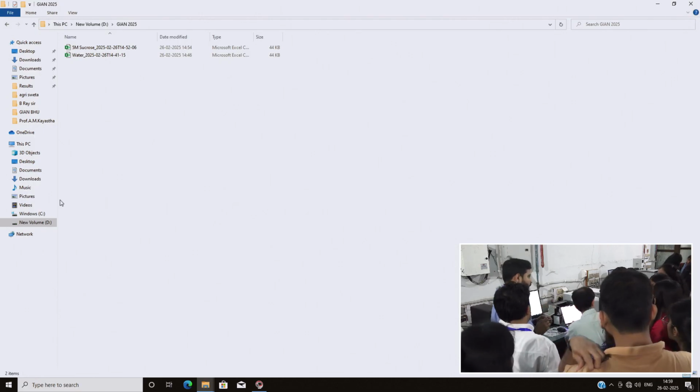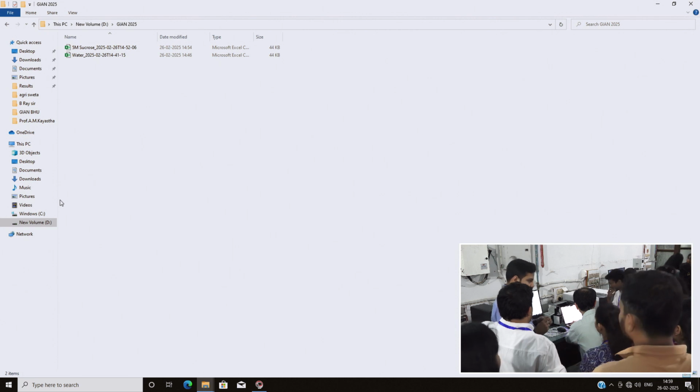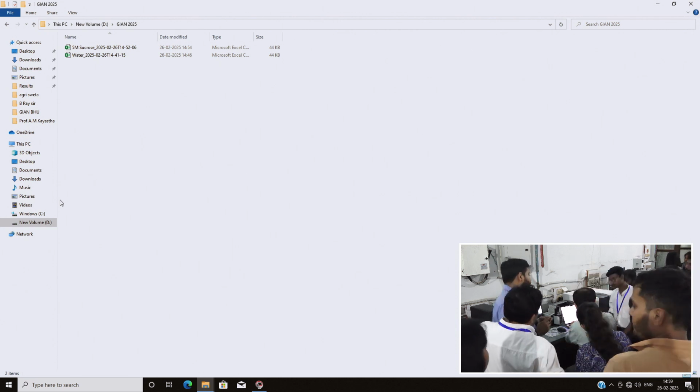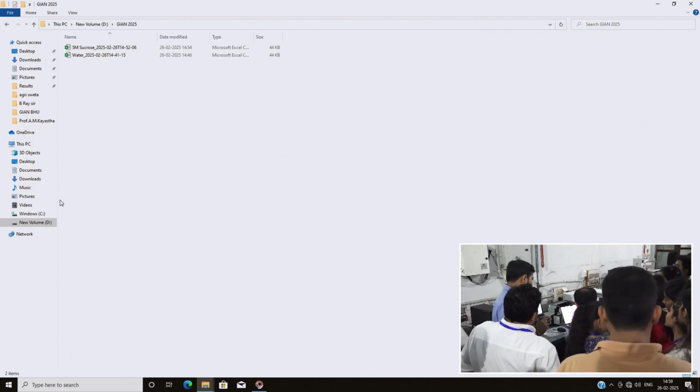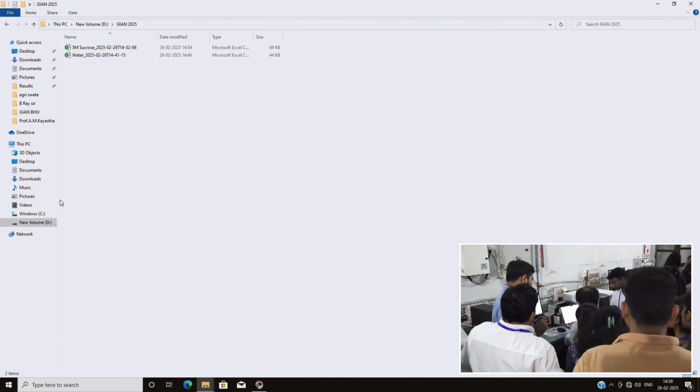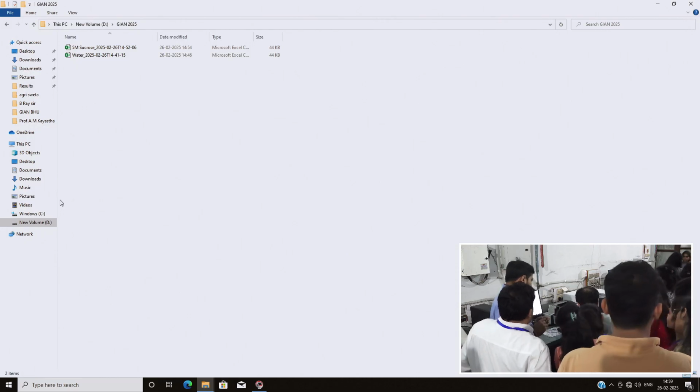Okay, so this is the solvent spectrum. As I explained, below 600 is not available, so let's erase it from the screen. Okay. This is a solvent spectrum.